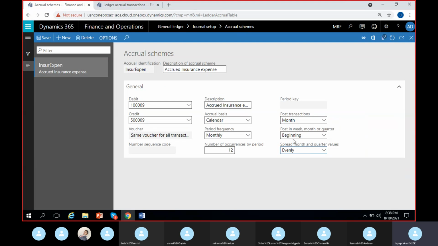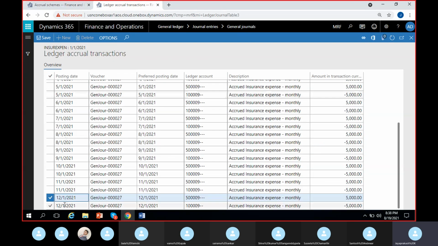Because of this selection, beginning of the month, the entry will be posted in the beginning of the month only, or the expense is recognized at the beginning of the month only. So until the end of December 31st, I can see a total of 60,000. So 12 parts of 5,000, total 60,000, will be recognized as an expense, and the accrued insurance account will be reversed automatically.